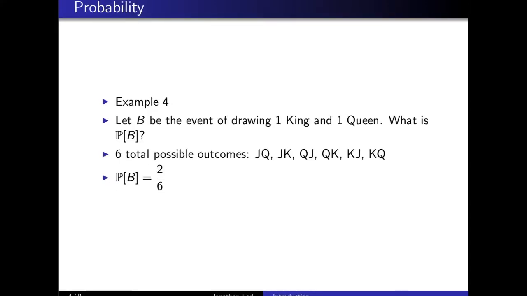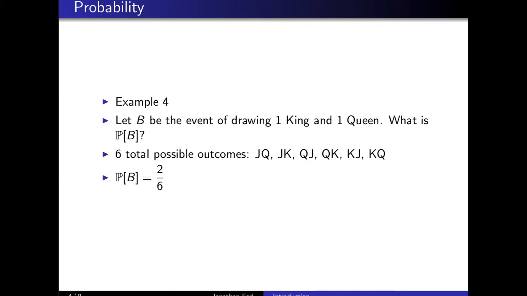Okay, how about event B? So that event of drawing 1 king and 1 queen. Well, now there are only 6 possible outcomes. The reason for that is that we couldn't draw any one card twice. And each of these outcomes is also equally likely.